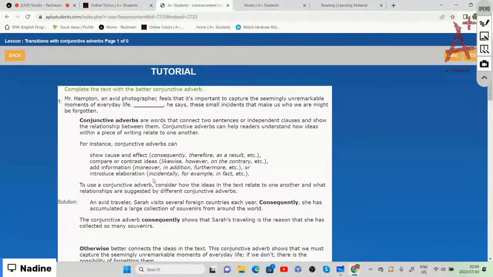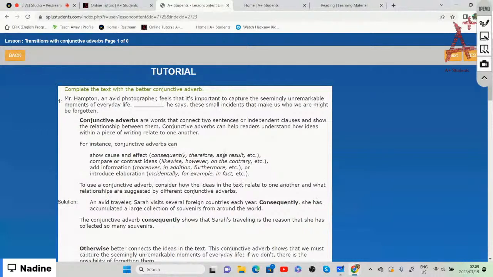Words like incidentally, for example, or in fact are words that we use to introduce elaborations. So we are about to elaborate on whatever we are writing.